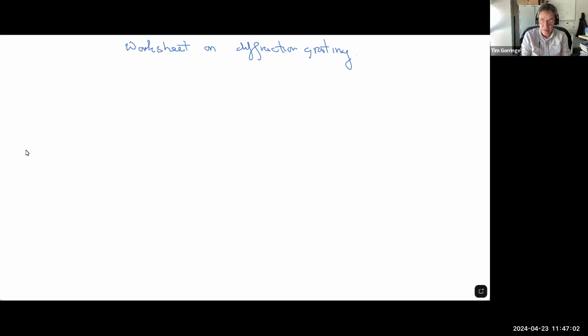If m is 0, that's just a bright spot in the center of the screen, or a bright spot at 0 degrees. M equals plus or minus 1 are the first diffraction maxima away from the central spot, and we'll see a rainbow of colors associated with m equals plus or minus 1.